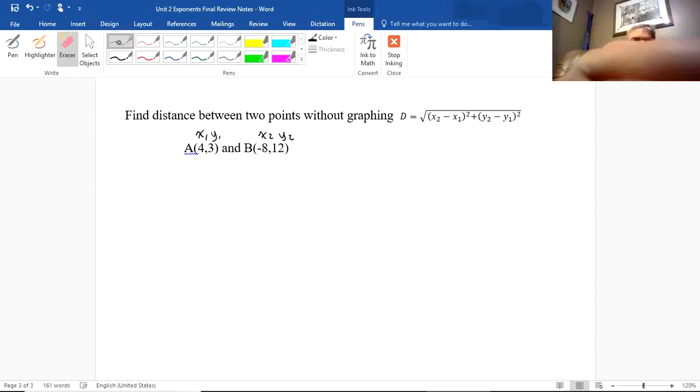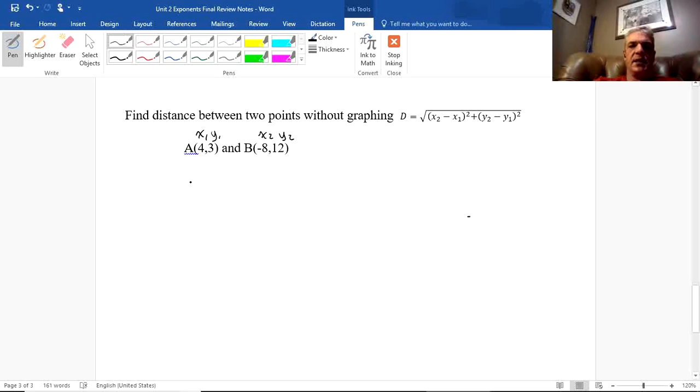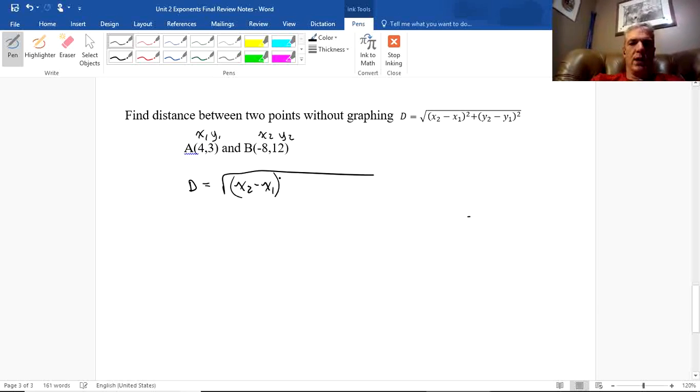So the proper way to do this is to say d equals square root of x2 minus x1 squared plus y2 minus y1 squared. And so you substitute your values in.